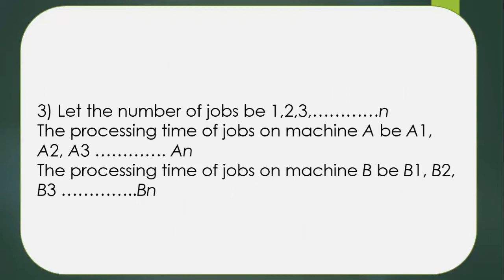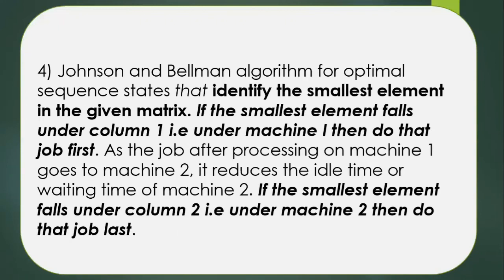And fourth, Johnson and Bellman algorithm for optimal sequence states that identify the smallest element in the given matrix. If the smallest element falls under column 1, for example, under machine 1, then do that job first, as the job after processing on machine 1 goes to machine 2, it reduces the idle time or waiting time of machine 2.